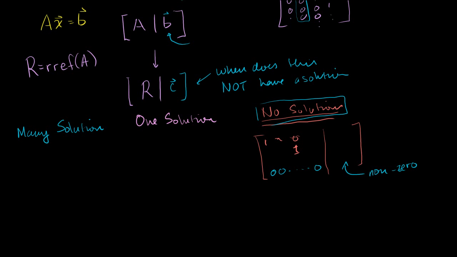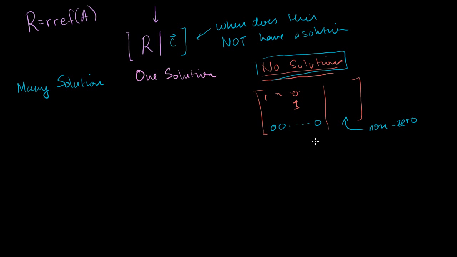Now, there's the other case, where we do have some solutions, but it's only valid for certain b's. Let me draw it like this. Let's say I have my matrix A, and I have my B1, B2, all the way down to Bm.